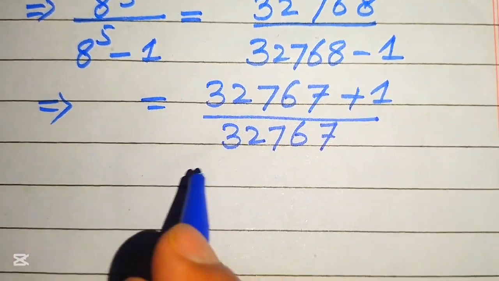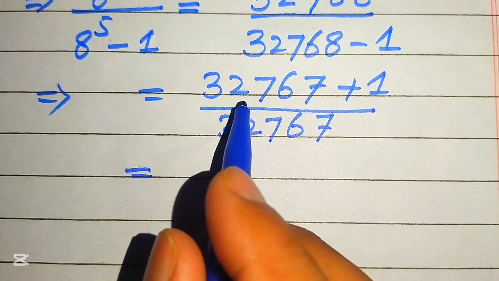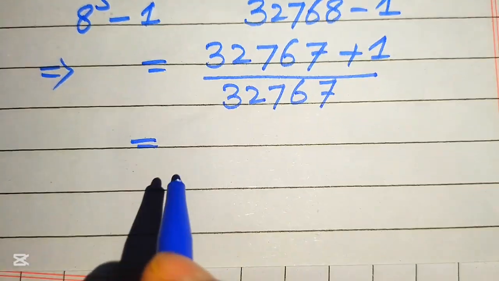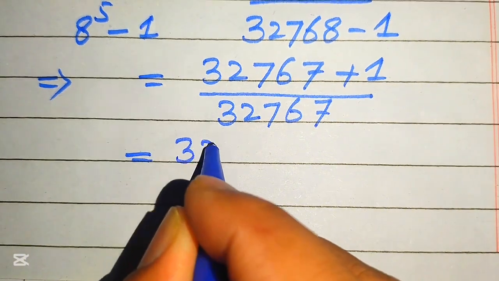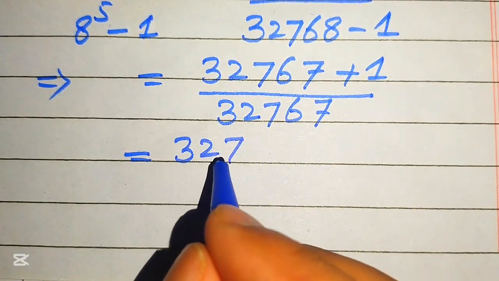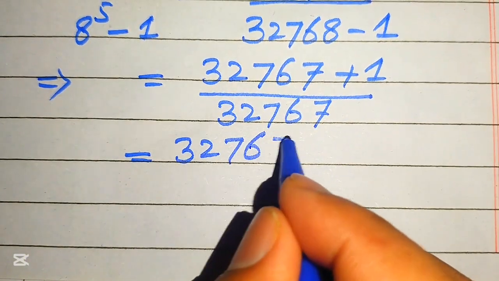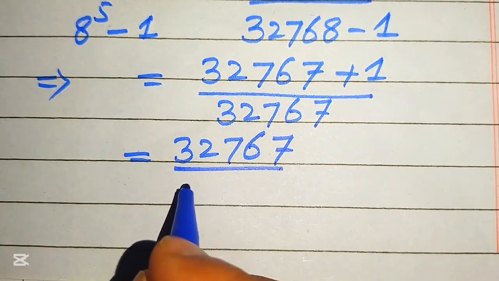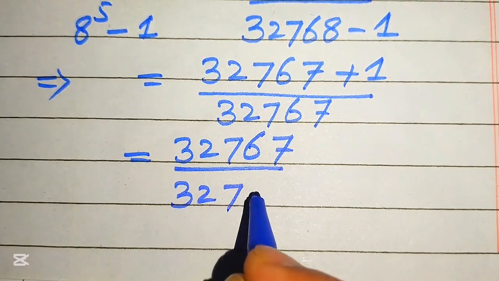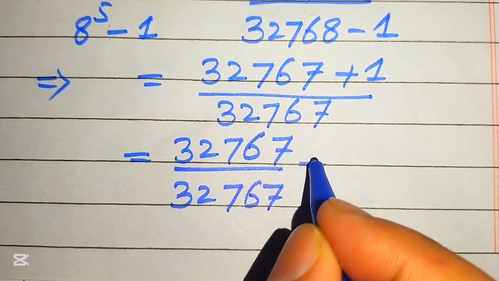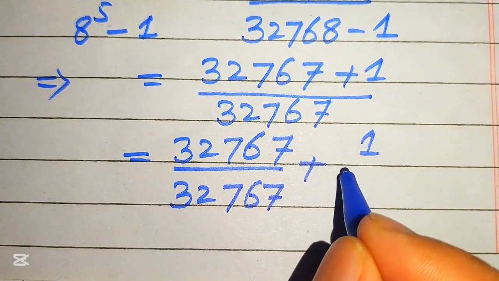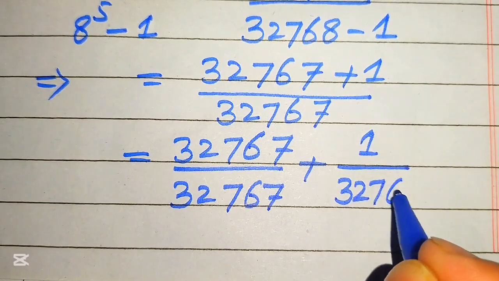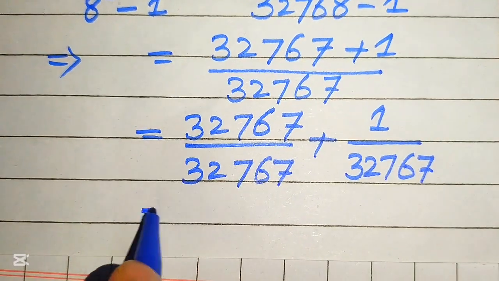Now we break this fraction and write it separately over both of these values. After breaking the fraction, it will be written as 32,767 divided by 32,767 plus 1 divided by 32,767.